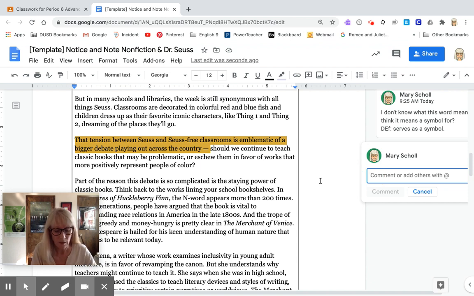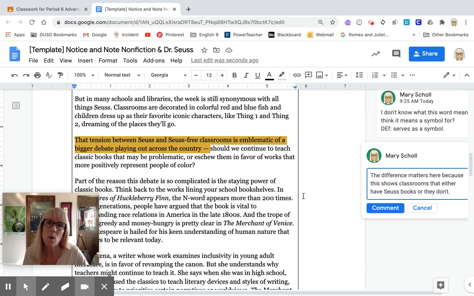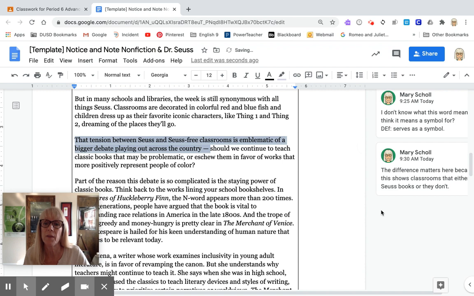So the difference matters here, because this shows classrooms that either have Seuss books or they don't. Okay, so if you want to use that one of mine, I'm really fine with it.